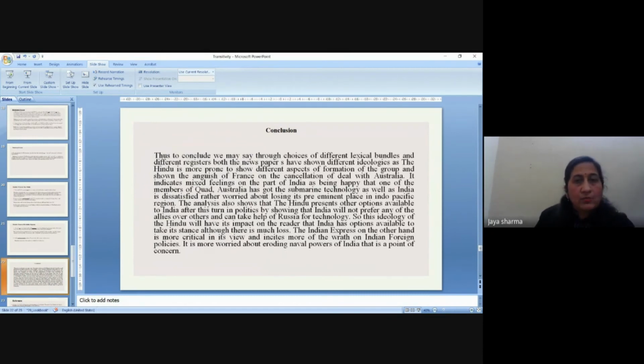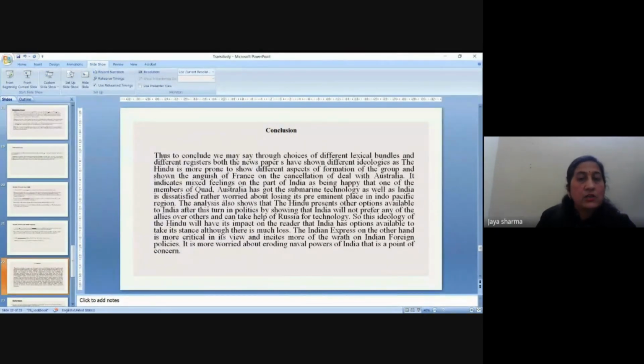Just to conclude, we may say that through choices of different lexical bundles and different registers, both the newspapers have shown different ideologies. The Hindu is more prone to show different aspects of the formation of the group and shown the anguish of France on the cancellation of the deal with Australia. It indicates mixed feeling on the part of India, being happy that one of the members of the Quad, Australia, has got the submarine technology, as well as dissatisfied, rather worried about losing its preeminent place in the Indo-Pacific region.